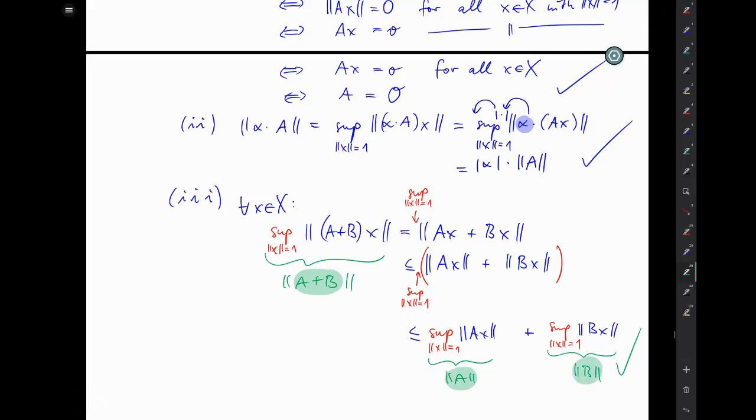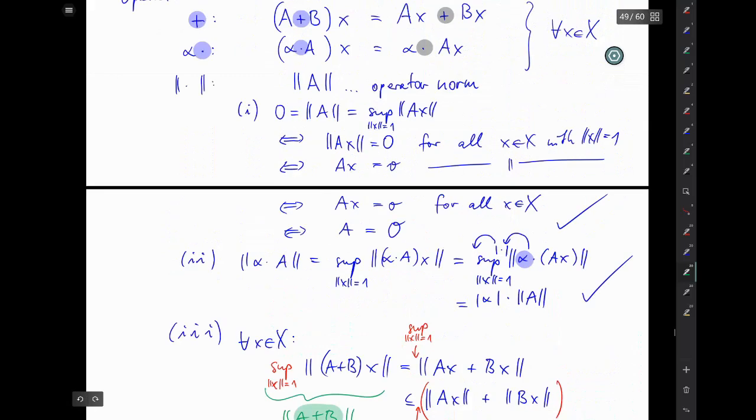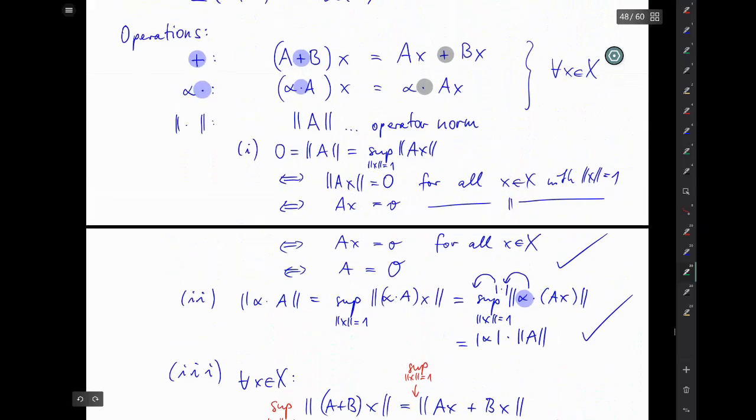So it's again a bounded operator, and also alpha times A is a bounded operator because the corresponding supremum can be given by the norm of A, which is a finite number, times modulus of alpha, which is a finite number. So we can also check these as before.